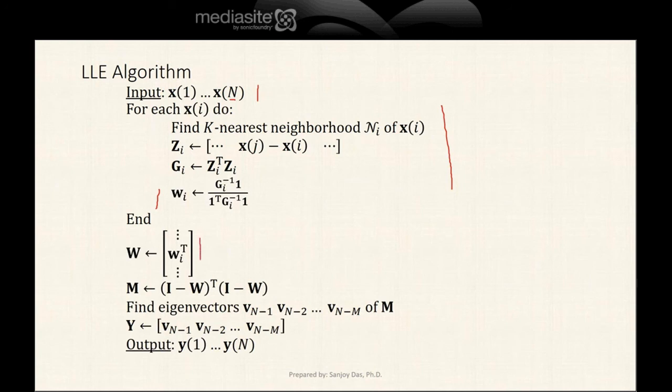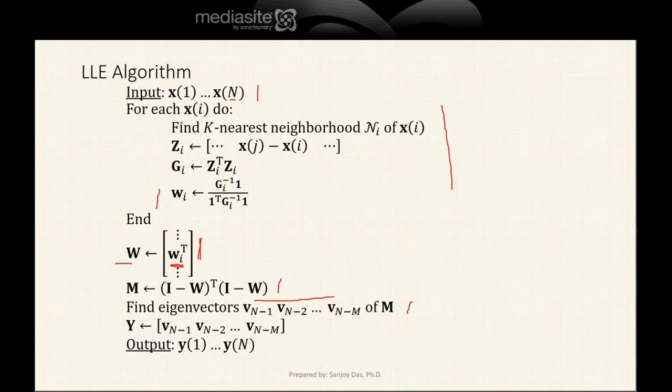Now, each row of this is not really equal to Wi transpose because you have so many zeros in it, but I've just used this expression so that you know that you have to extract the weight matrix W. And then we construct M, which is I minus W transpose I minus W. Then we do spectral decomposition of M to get our smallest eigenvectors, excluding the very smallest one.